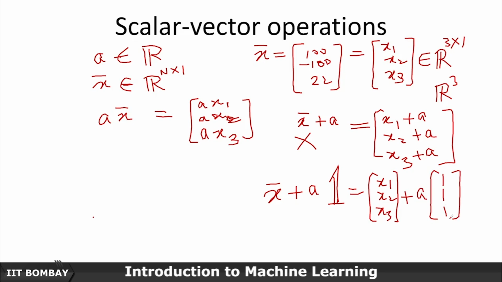These two are equivalent. One is in programming notation, the other is in actual linear algebra notation. That is because we want dimension matching when we are adding two quantities. We cannot add two quantities unless this dimension is n cross 1 and the dimension of this vector is also n cross 1.